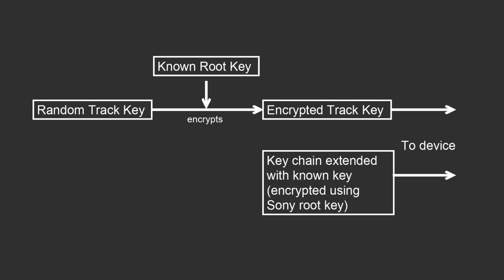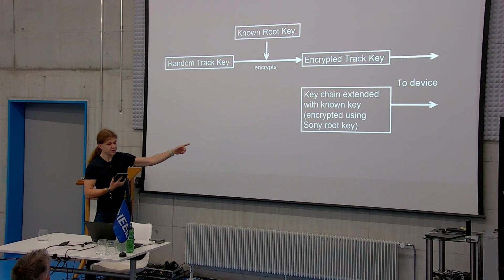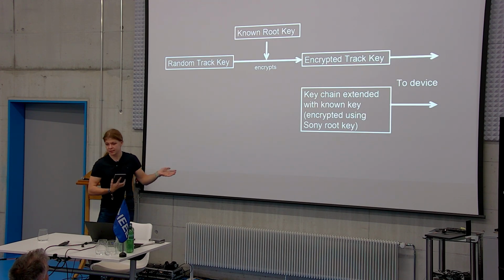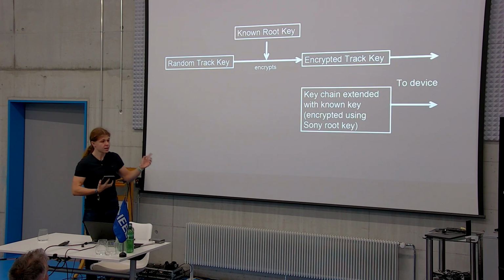You can see that we do not need to go through the keychain again. That has been done already. And sending that particular keychain to the device doesn't require you to process it on the computer. The device does process it because it thinks it's a valid Sony EKB, but it's not. And this is entirely separated.